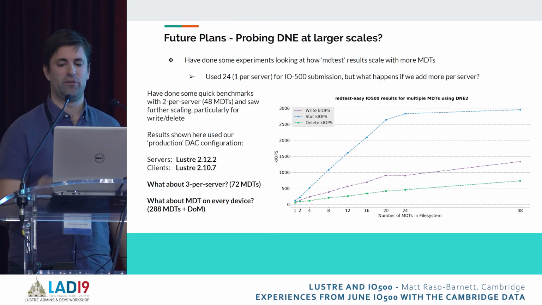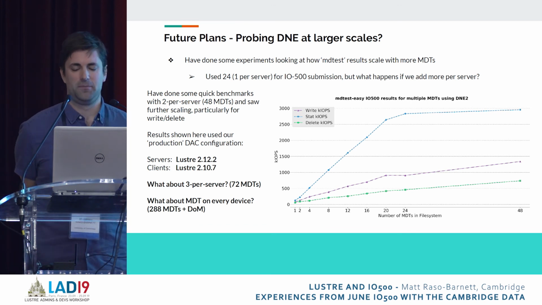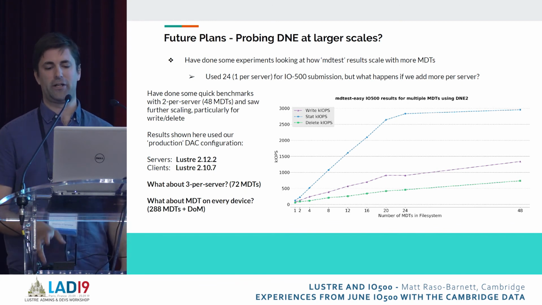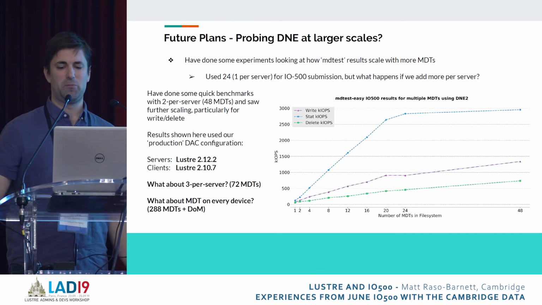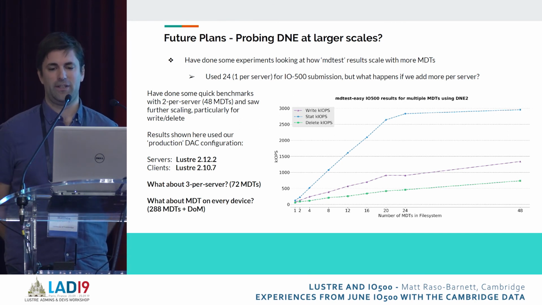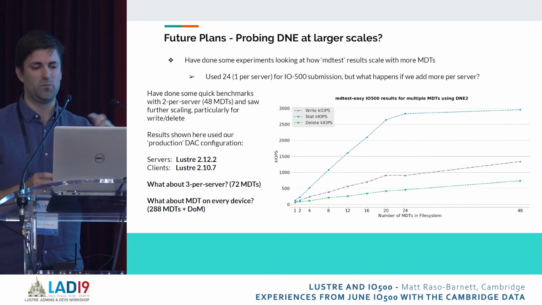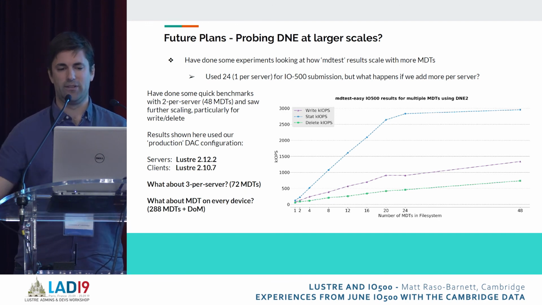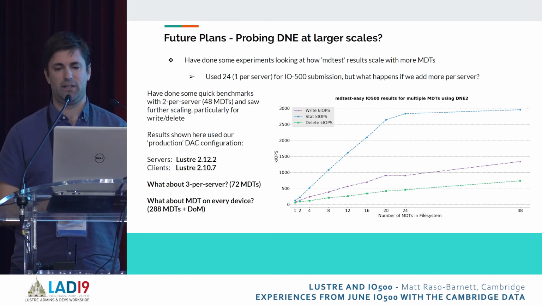I haven't gone beyond 48, but I think there's a rough, non-production workaround that I might try for some interesting testing, like going up to potentially 288 MDTs, one per device in our system, just to see how that looks with scaling.